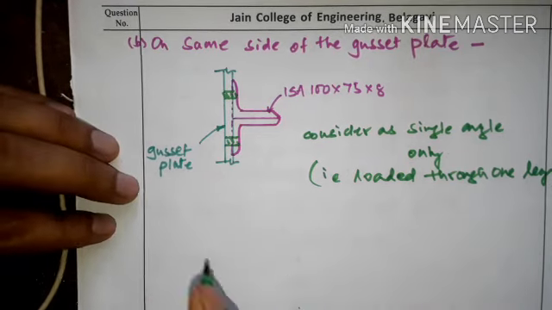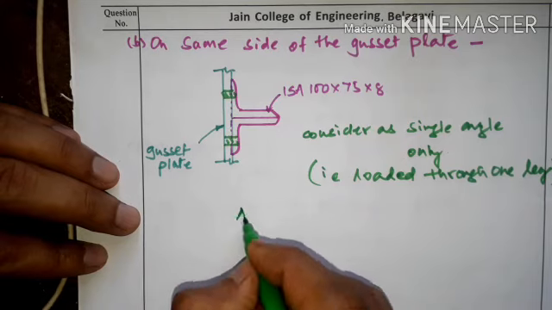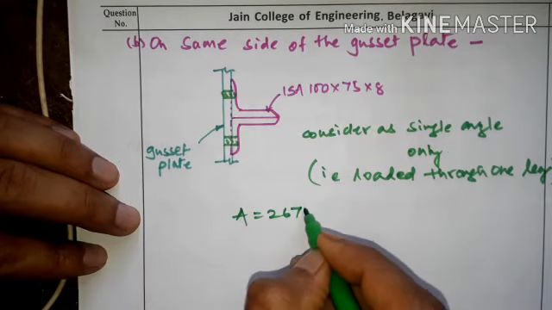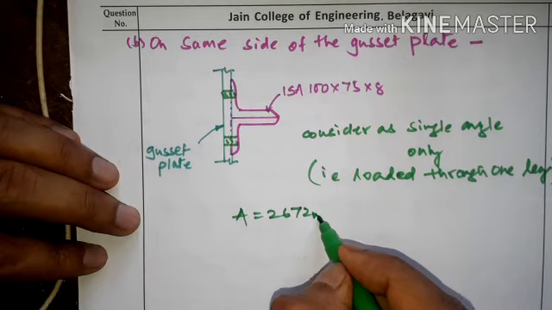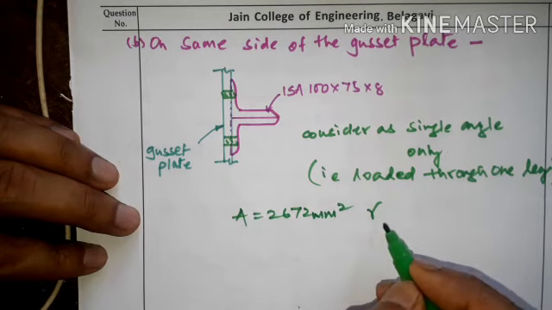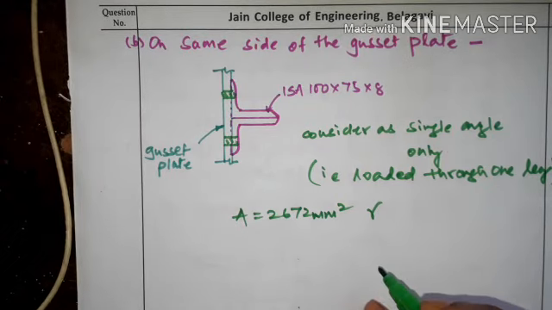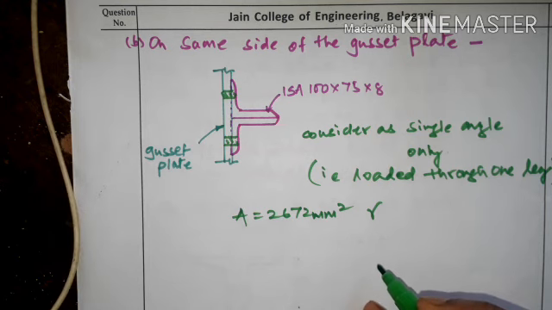For referring to the properties from the steel table, again you will get area equal to 2672 mm square, but the value of r. For a single angle loaded through one leg, we used r minimum equal to rvv.